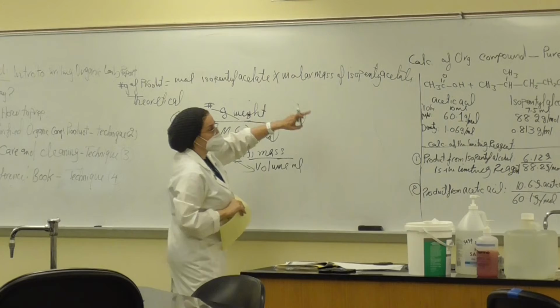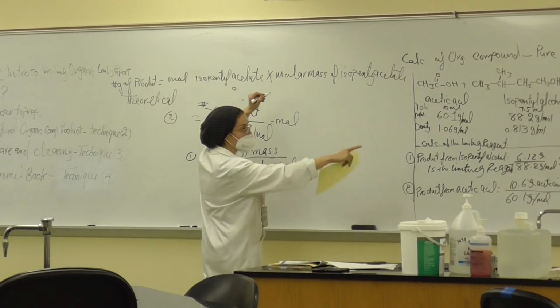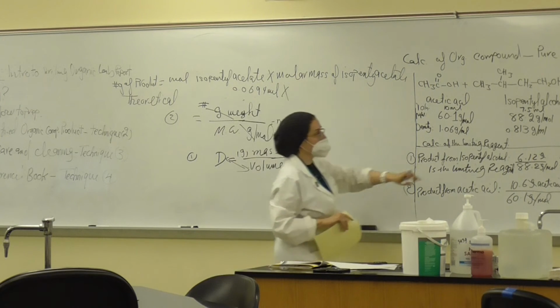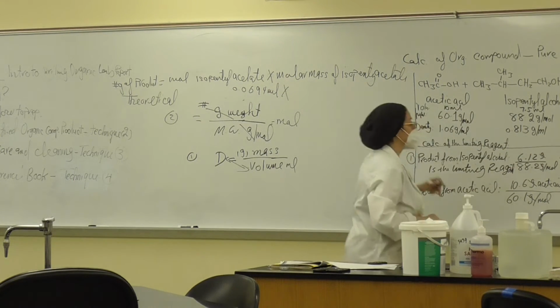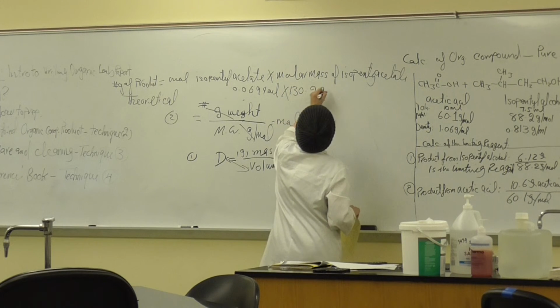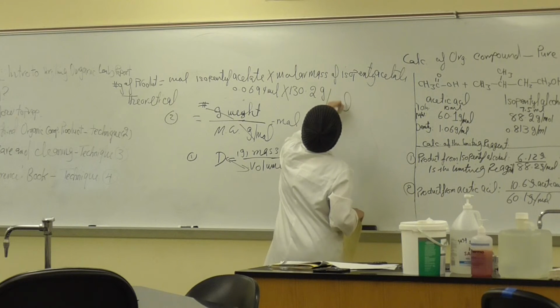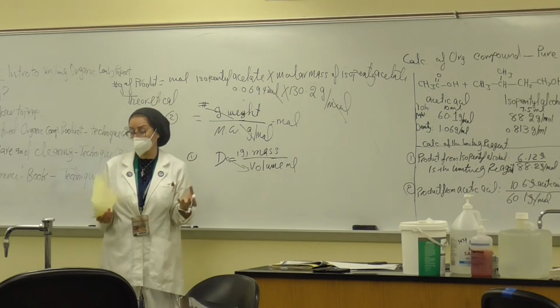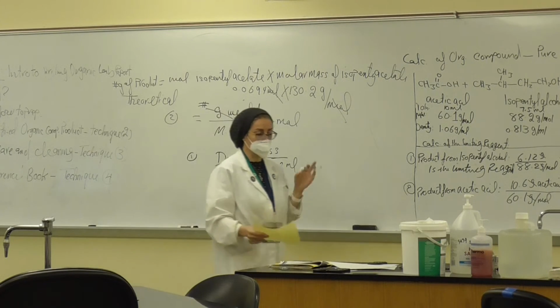Number of moles, it was right? That one, 0.0694 mole, multiplied by 130.2 gram per mole. So we cancel out the mole, and that will give me how much theoretically should be collected.